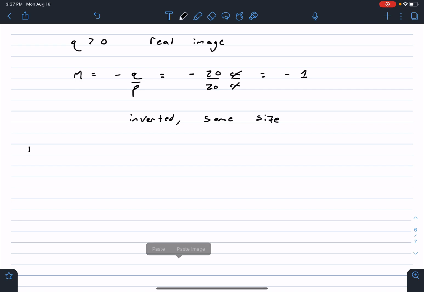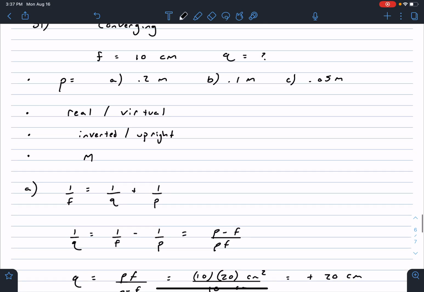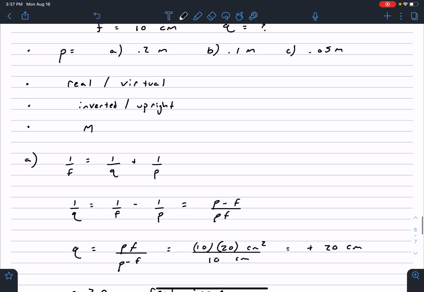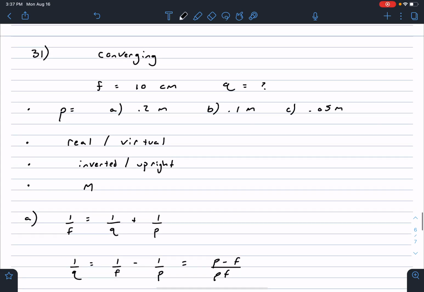Then we just repeat that process for each of the 3 cases. So for the other 2 cases, we have 10 centimeters and 5 centimeters. So this was P F over P minus F. Let me just double check.